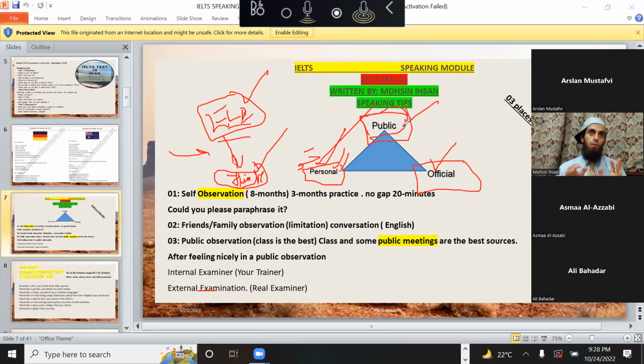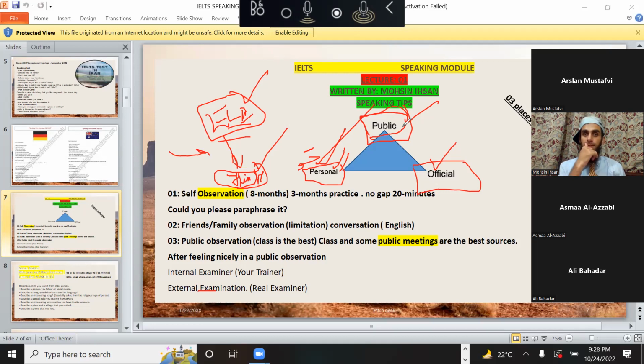This is official. Now, within these three stages, when you perform very well, it would help you in the sense that fluency and grammatical structure would be improved. This is one technique for how to deal with the practice of speaking.